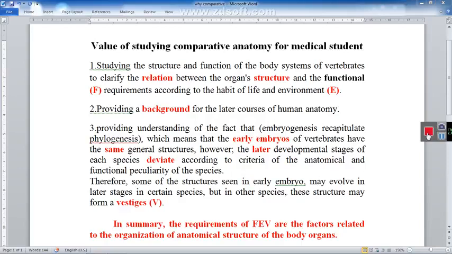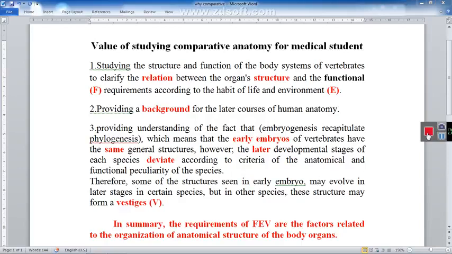When you find this relation in your curriculum of comparative anatomy between the organ structure and function and the environment, you will have an initial background for studying anatomy of a human in later courses during your career in the first year and second year and later on.